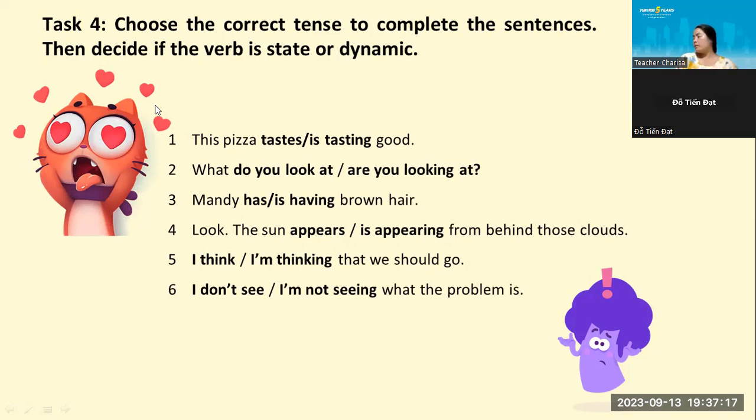The pizza tastes good. What are you looking at? Mandy, I cannot hear you. What is your answer number 1? State. Okay.